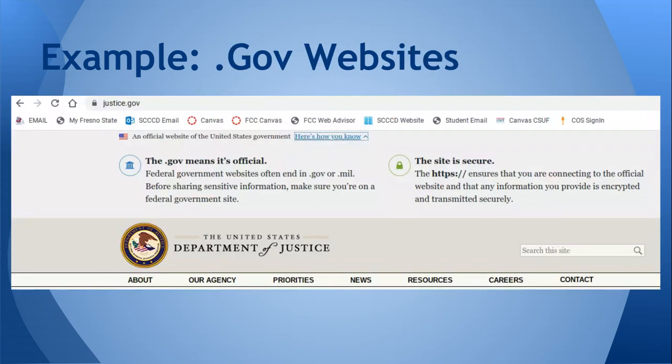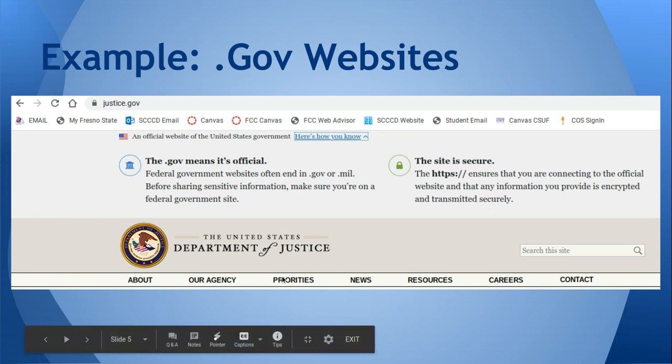Also, if you're looking at websites, you can look at where things are published because the information after the dot will help you to see that. So for instance, a .gov website means that this is an official government website, and usually these are okay places to look for things like, maybe you need statistics on how many people were incarcerated in a certain year, or how many people were incarcerated and then reincarcerated.